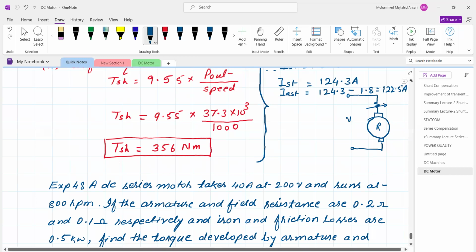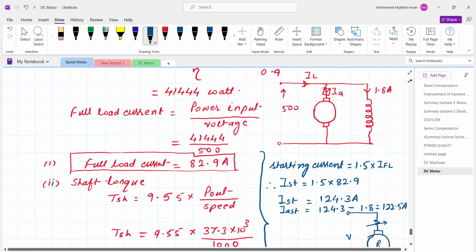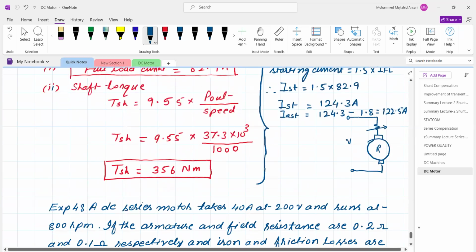See here, in this numerical, the field current is equal to 1.8. So the armature current will be IA is equal to IL minus 1.8. So we have put the armature starting current as this much. Now if you write the KVL for this circuit, the voltage is 500 volt.